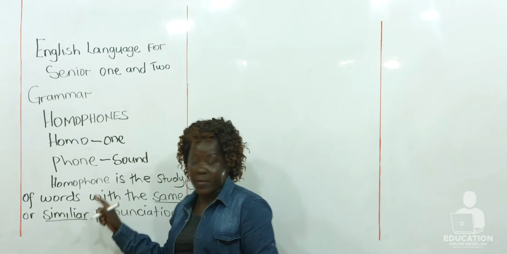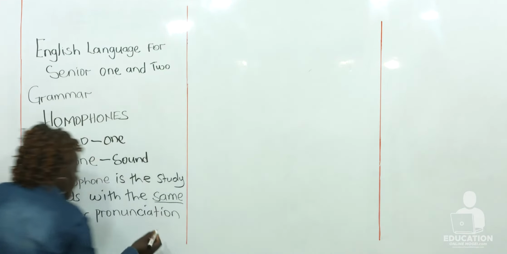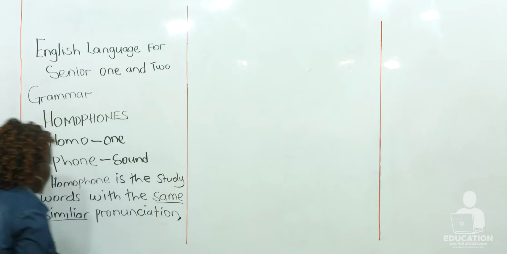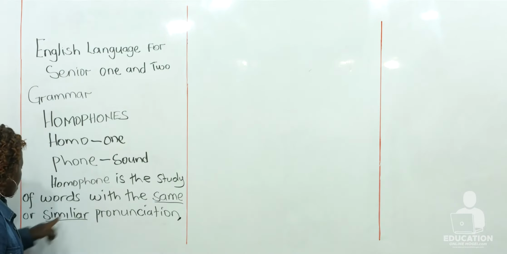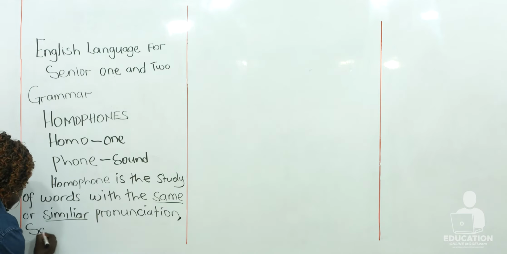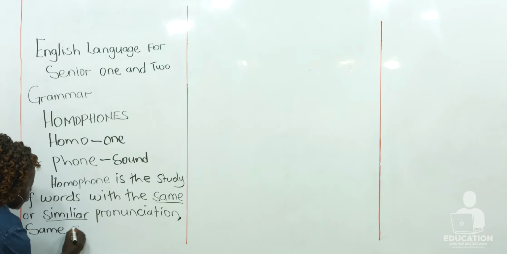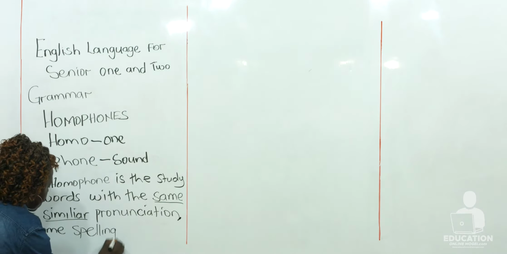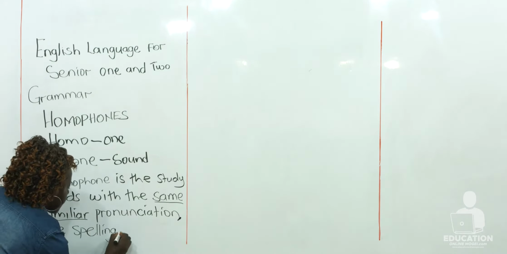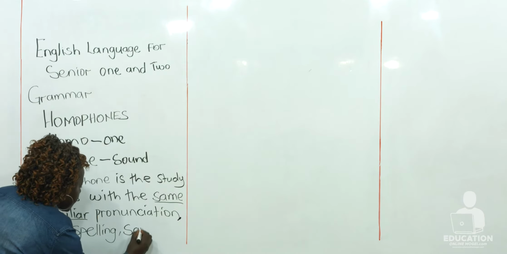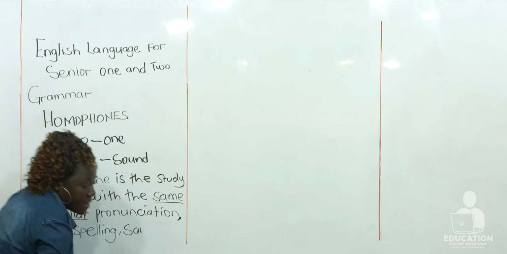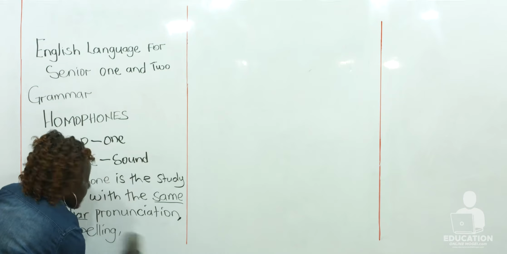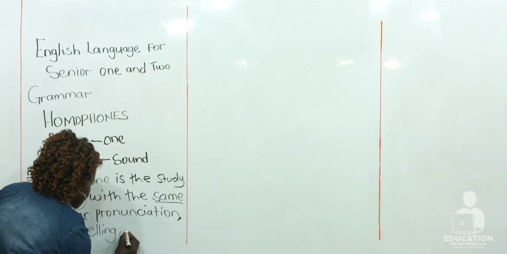We're going to see them. Here you put a comma and say same or similar pronunciation, same spelling, different meaning.